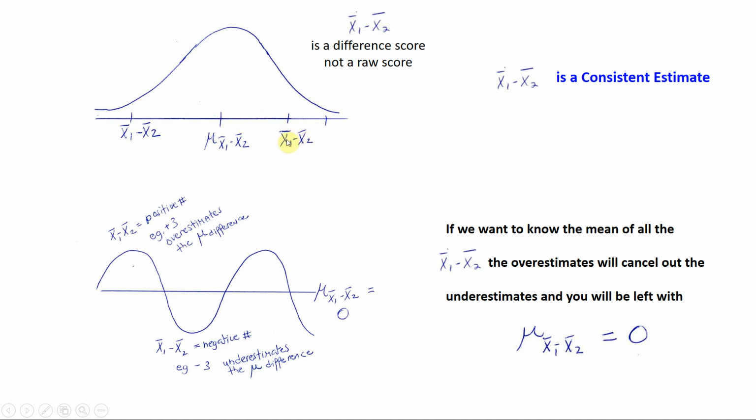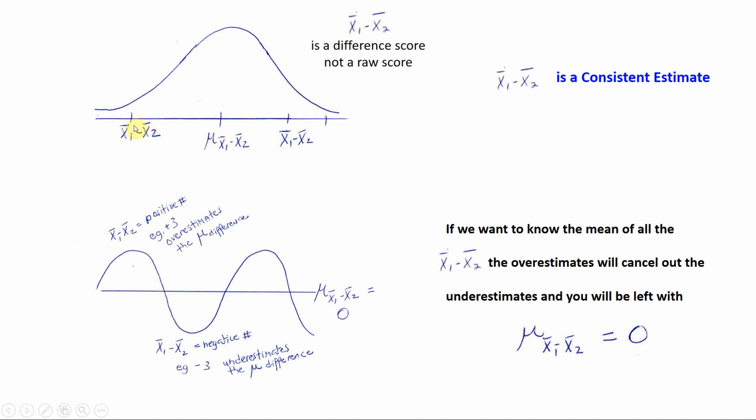So when we subtract x bar 1 minus x bar 2, we're not expecting to see big differences between them if mu 1 is the same as mu 2, but you do expect to see some difference. So these are small negative numbers, and these are small positive numbers. And if you were to take the average of all of them, they would give you 0 here.